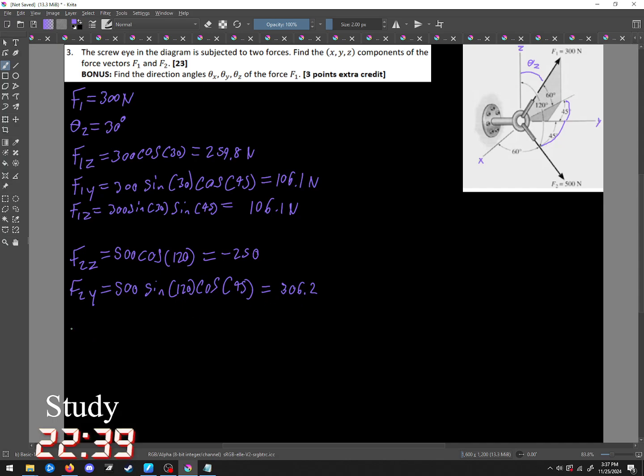Let's do F2z, sorry, this should be x. F2x should be 500 sine 120 sine of 45.